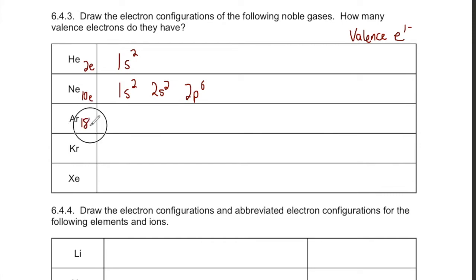Argon has 18 electrons. I should put some superscripts on these electrons. So we have 1s2, 2s2, 2p6, 3s2, and 3p6. 2, 4, 10, 12, 18 electrons.